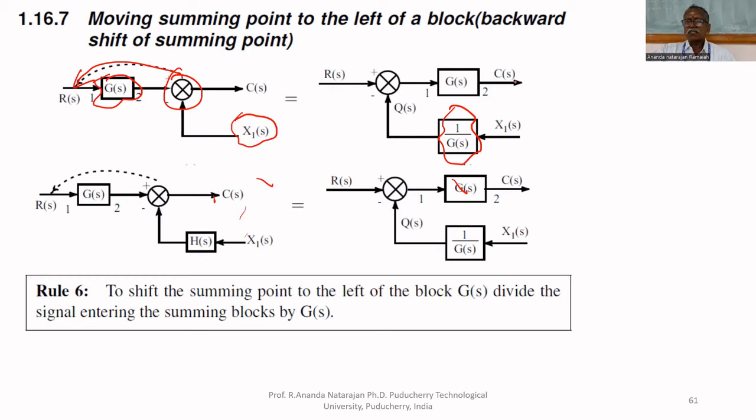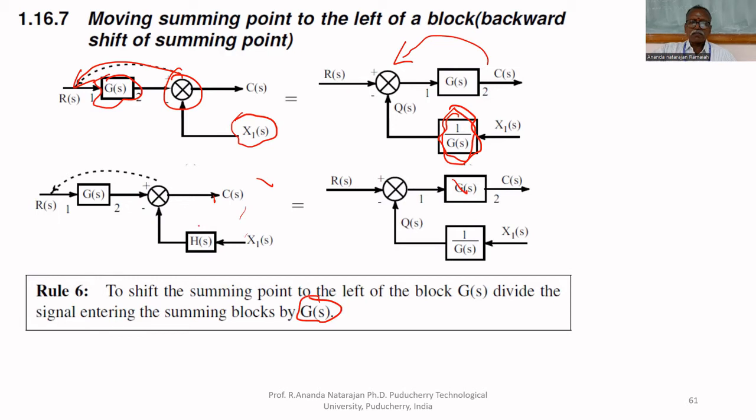But if you shift the summing block before this block, it will be amplified by G of S. To nullify the effect, we multiply by 1 upon G of S. Therefore, the rule is to shift the summing point to the left of the block, divide the signal entering the summing block by G of S.